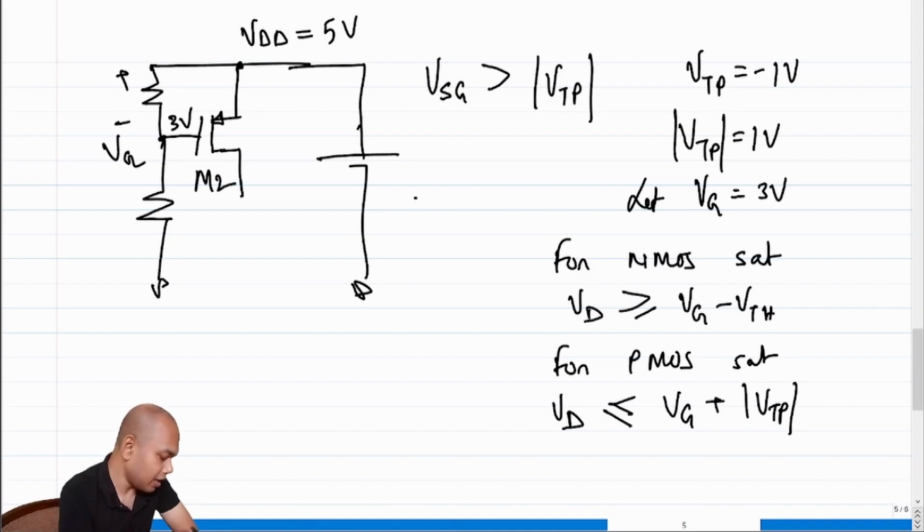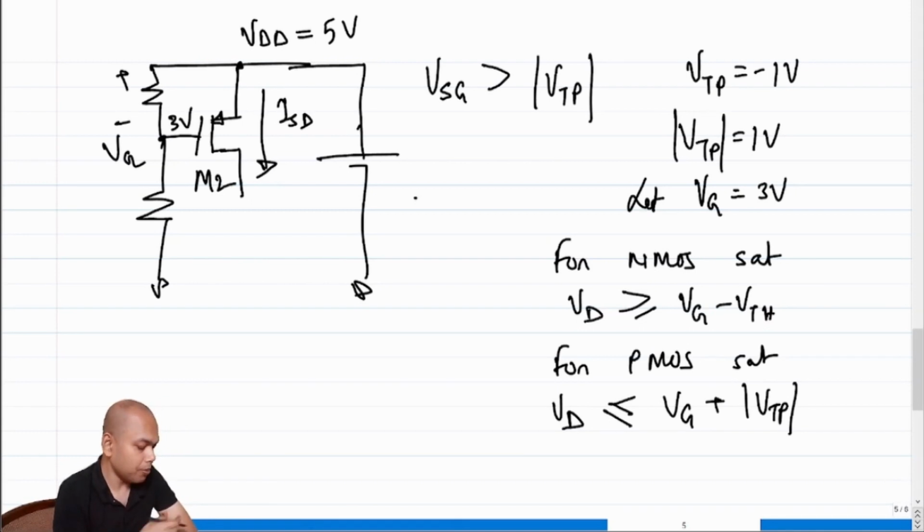And what is the current direction? The current direction here is from source to drain, and if the transistor is biased in saturation, this is a voltage controlled current source. The current is some I0, some ISD, right? And how do you bias?